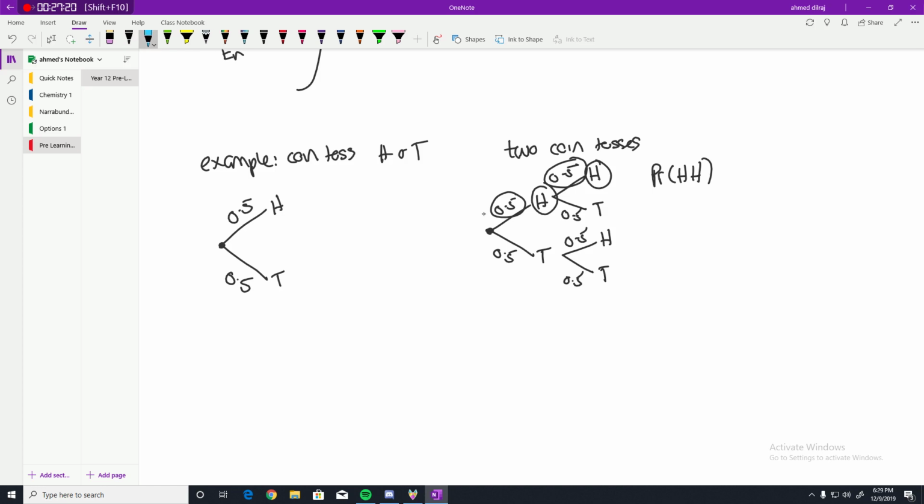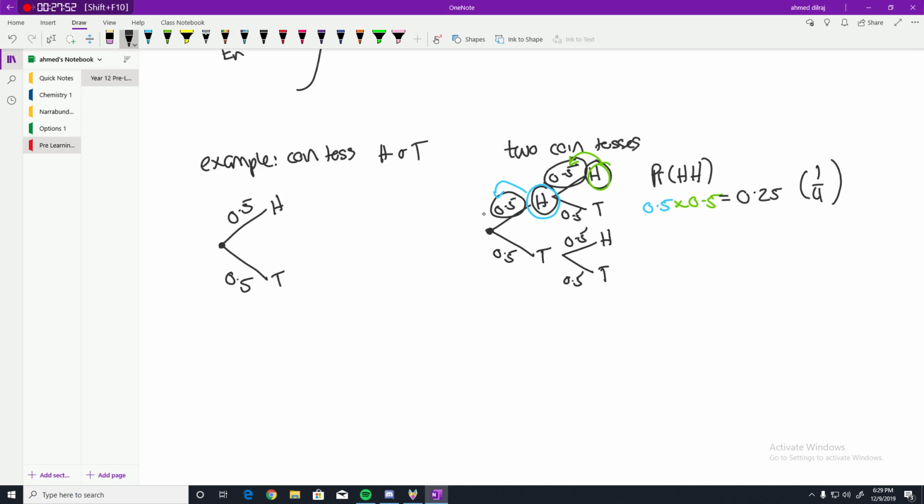So over here, we need two heads, and the probability associated with this head is 0.5, and the probability associated with this head is again 0.5. So over here, we have 0.5 times 0.5. So our final probability is 0.25, or 1/4. So in 1/4 of our tosses, we would get two heads in a row.